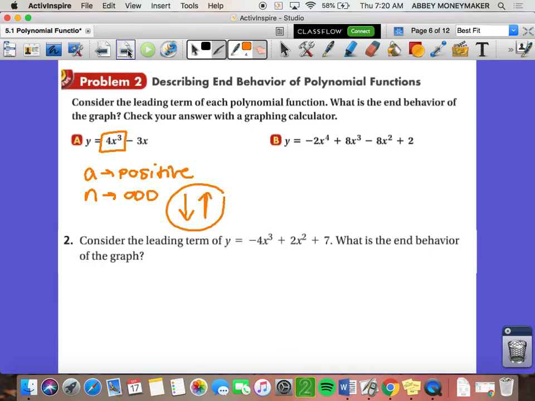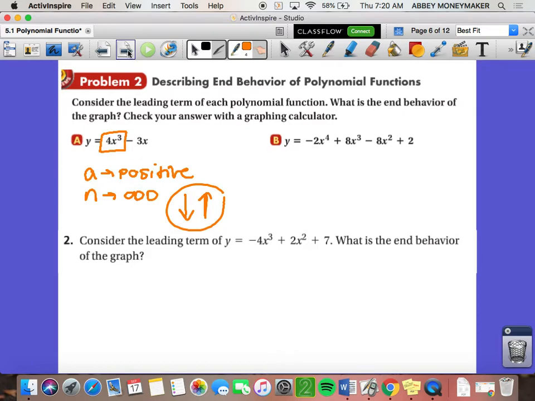And we are totally cool if you draw the arrows. If you want to write the words out, that's totally fine too. If you want to get real fancy with it, you could make a sentence saying as the x values approach negative infinity, the y values go to negative infinity. And as the x values approach positive infinity, the y values are going to positive infinity.